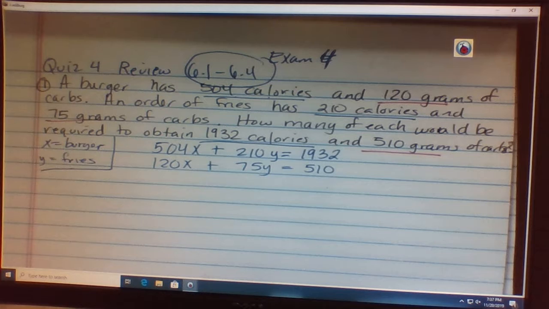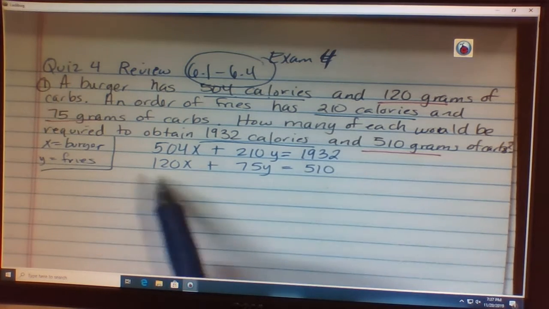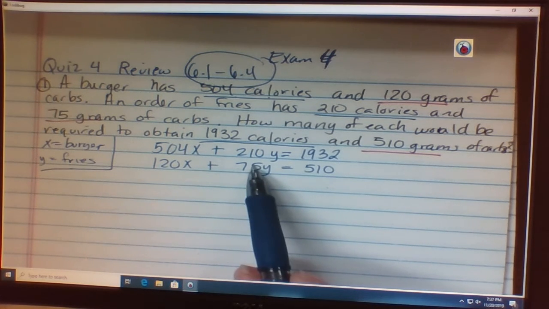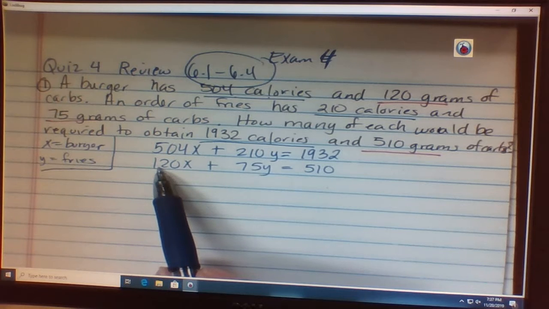Would it be something you would want to solve by substitution? It's possible to do it any of the 4 ways. My thing is, if you do substitution, my smallest number here is this one. If I divide this by 75, is it going to give me a whole number? No. And you're going to end up with fractions, and are you guys happy with fractions? No.